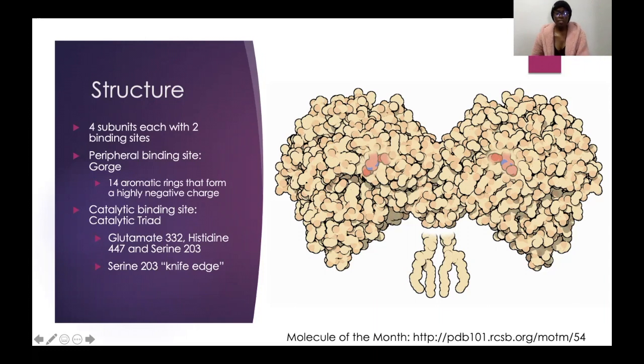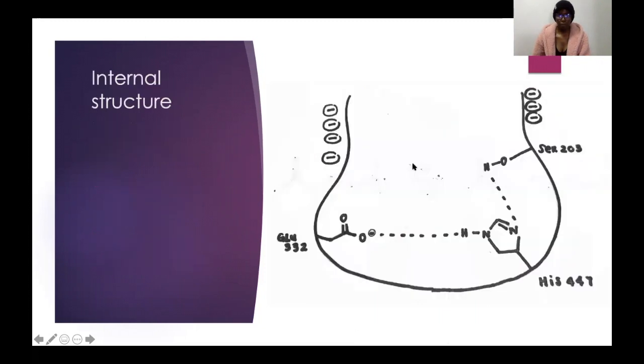And it consists of the catalytic triad composed of the side chains of 3 amino acids, glutamate 332, histidine 447, and serine 203. The serine 203 is really important in this molecule because it basically acts as the knife edge and initiates the catalysis reaction of acetylcholine.